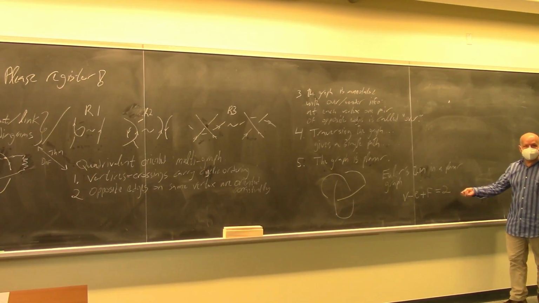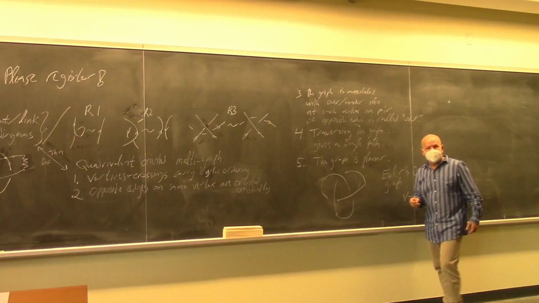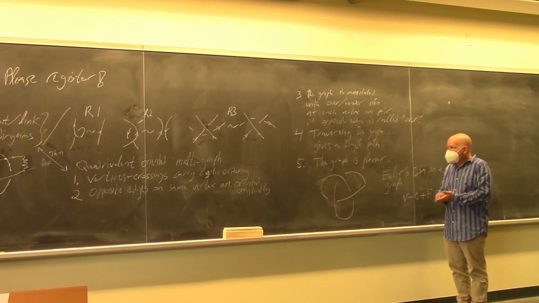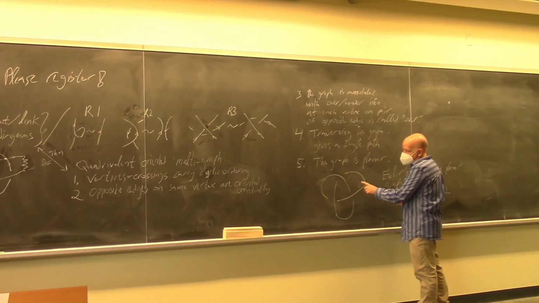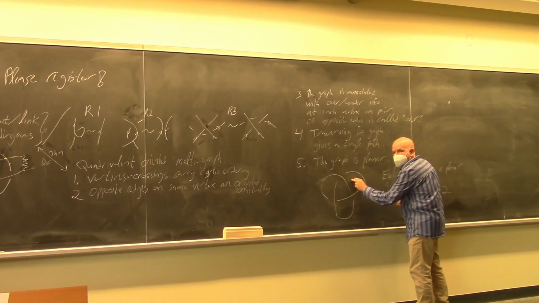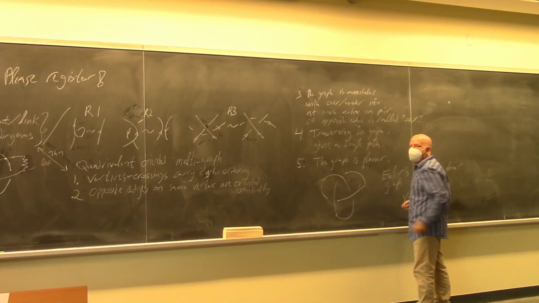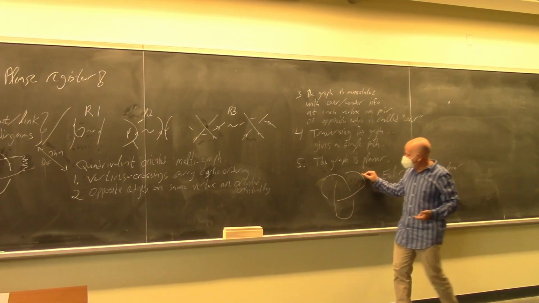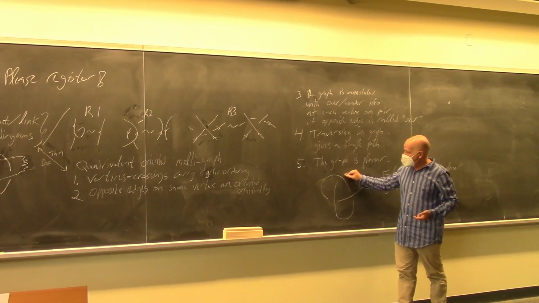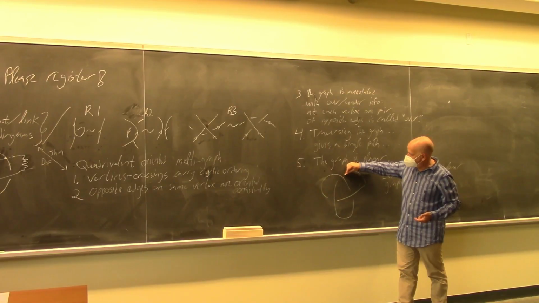So what's a face? A face is one of those things. But you see, I can tell what the faces are simply by looking at the graph. I don't need to know about the parts of the plane that are inside. Namely, I start walking to the left of one of the edges, and every time I get to a vertex, I turn left.